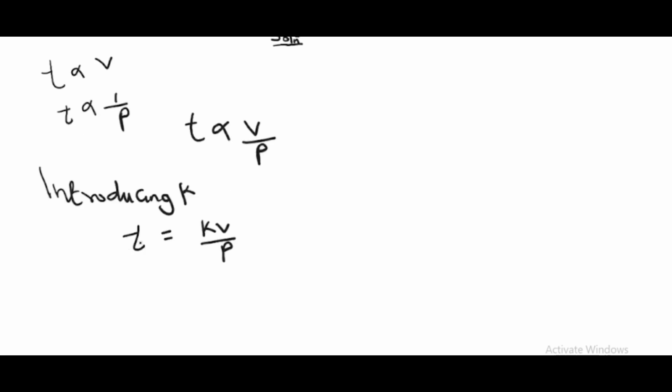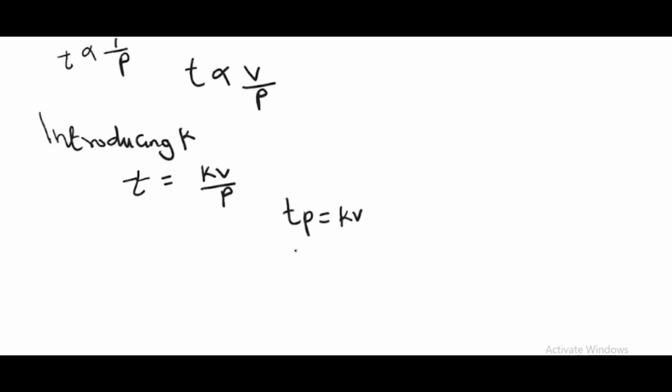So in that case, what will our K be? If we make K subject here, we will have Tp equal to Kv, and when we divide both sides by V, we would have K equal to Tp over V. That is when I will look at the question.